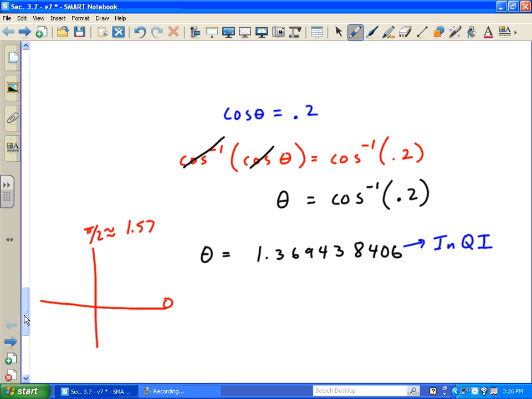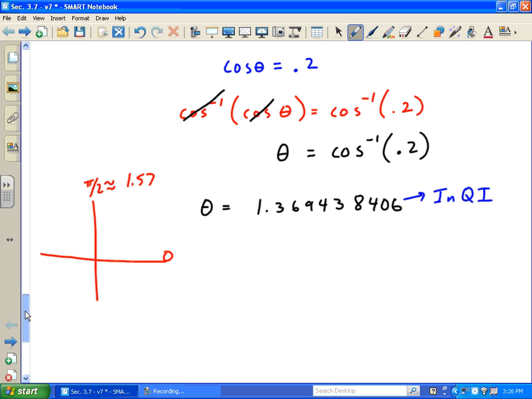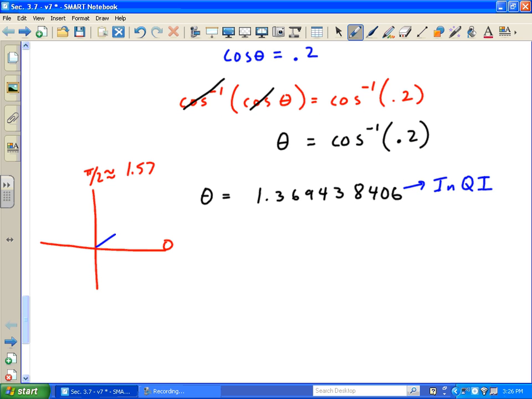So how do I figure out the answer in quadrant 4? Well, basically use reference angles. The angle that we just got was this one up here, so theta 1 is 1.369. And we also need the one that's around here.